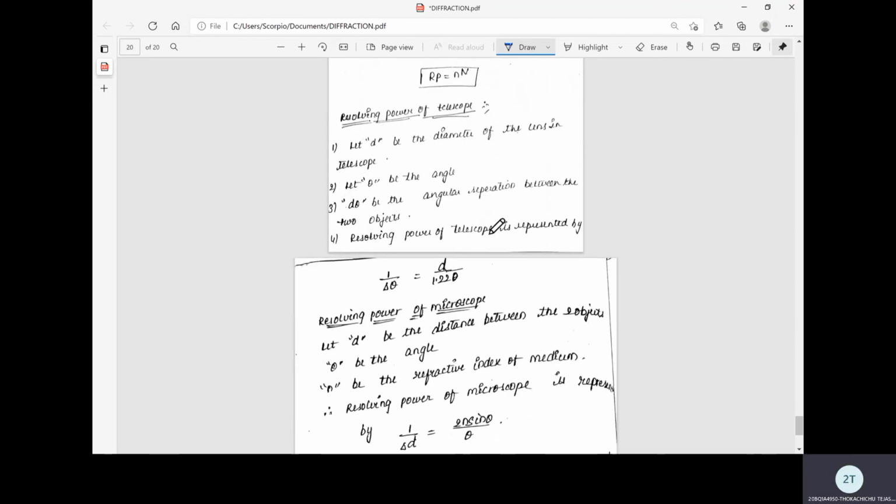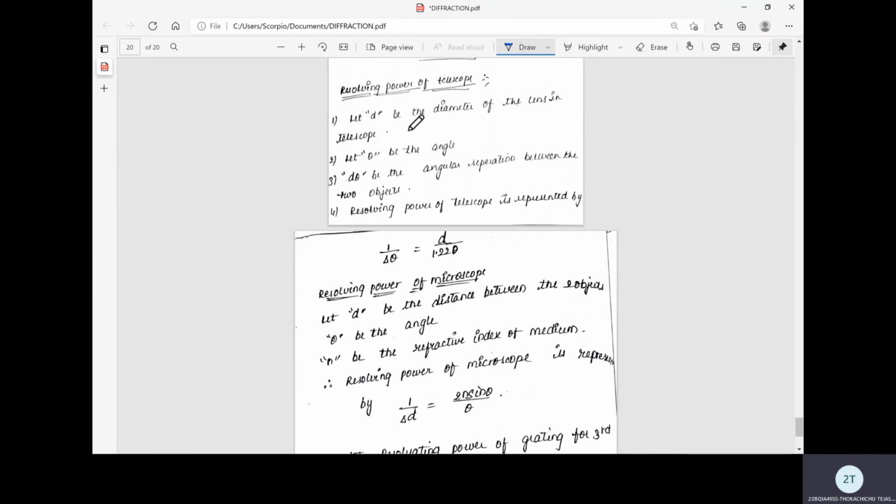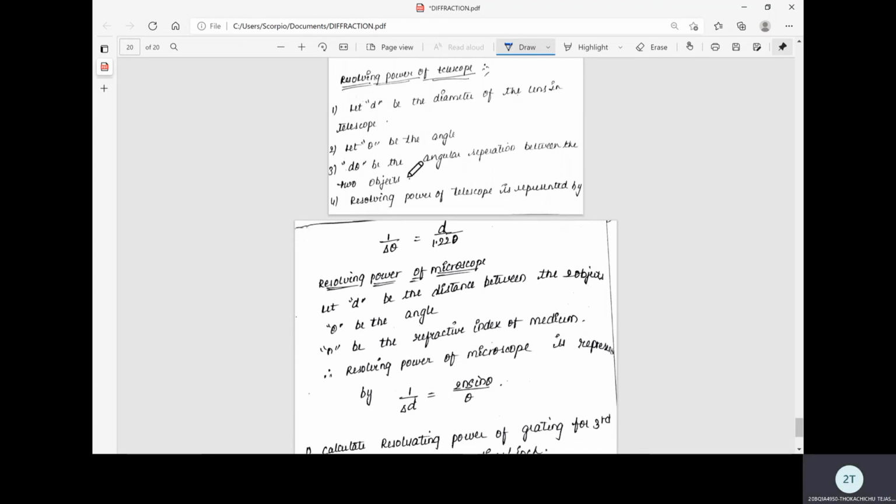Now, the final concept in this chapter is the resolving power of a telescope. Let D be the diameter of the lens in the telescope. We know that a telescope contains a lens. Let D be the diameter of the lens, and d theta be the angle of separation between the two objects. That is, let us assume through this telescope we are seeing two objects, and this d theta is the angular separation between these two objects.